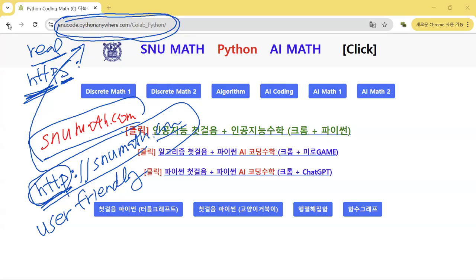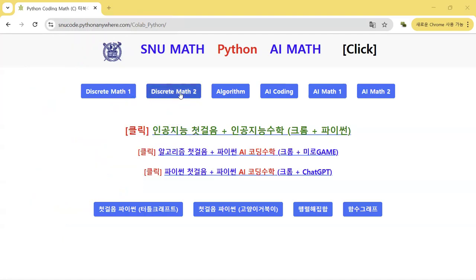Anyway, now you are in our learning website. Then click Discrete Math 2, and now we are approaching the Google server and taking out the updated learning material.